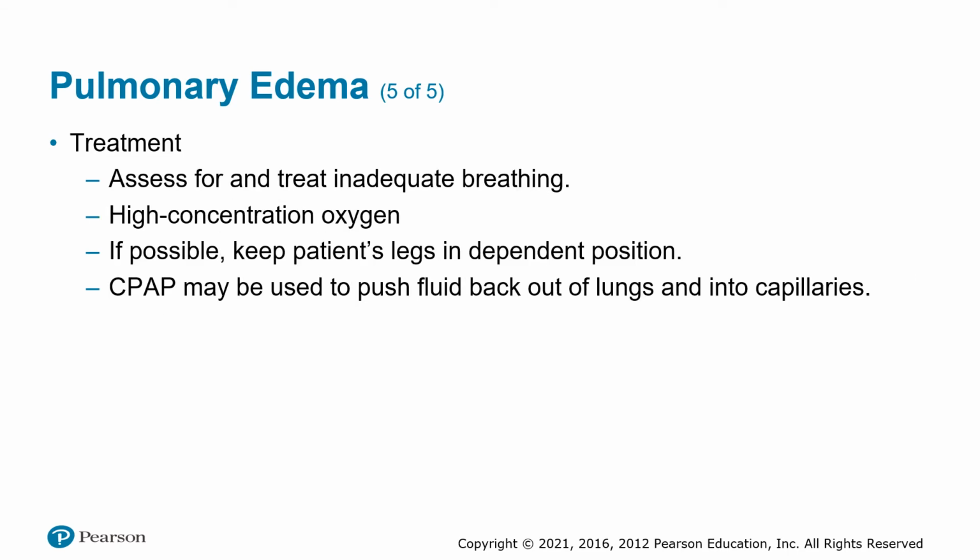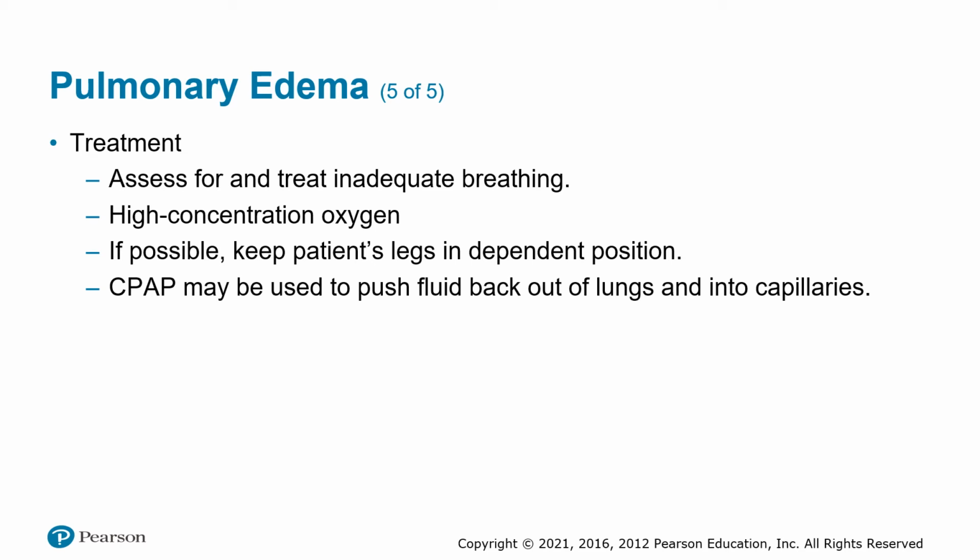In our treatment, we're going to assess and treat for any kind of inadequate breathing. So if we need to, we're going to ventilate them with a bag valve mask device. So you're just going to do that, okay? If you don't need to do that, then you can apply high flow O2, and then keep their legs in a dependent position if you can, so legs dangling.